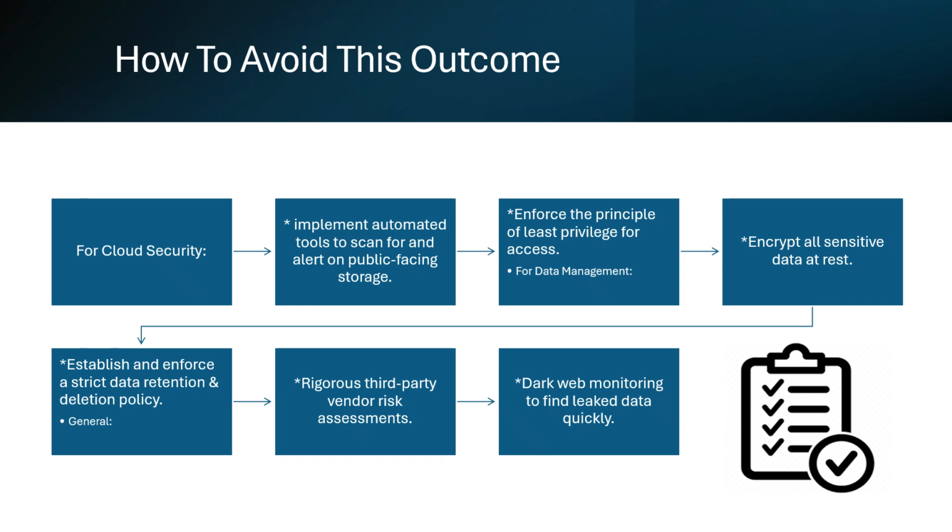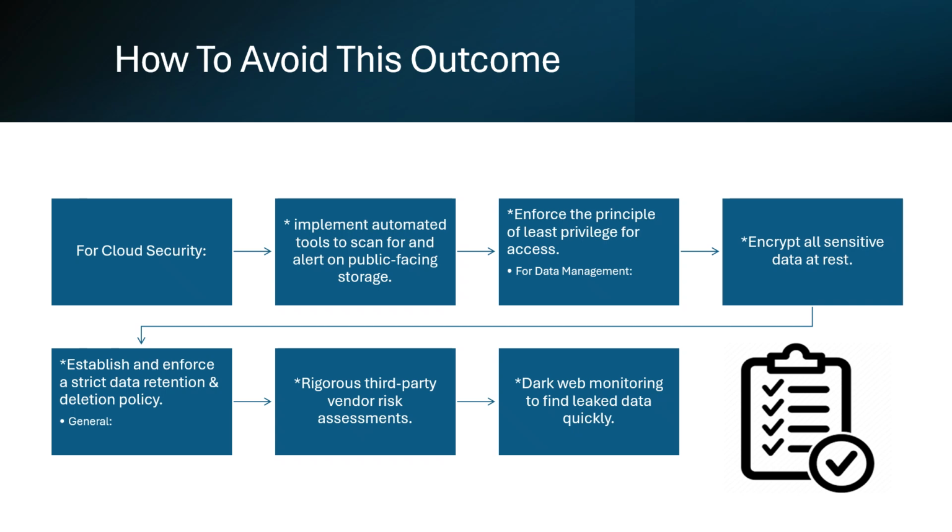To prevent a similar outcome, organizations must adopt a proactive and layered security stance. Firstly, they must implement strict cloud security hygiene using automated tools to continuously check for misconfigurations. Secondly, encrypt all sensitive data at rest so that even if exposed, it is unusable to an attacker.